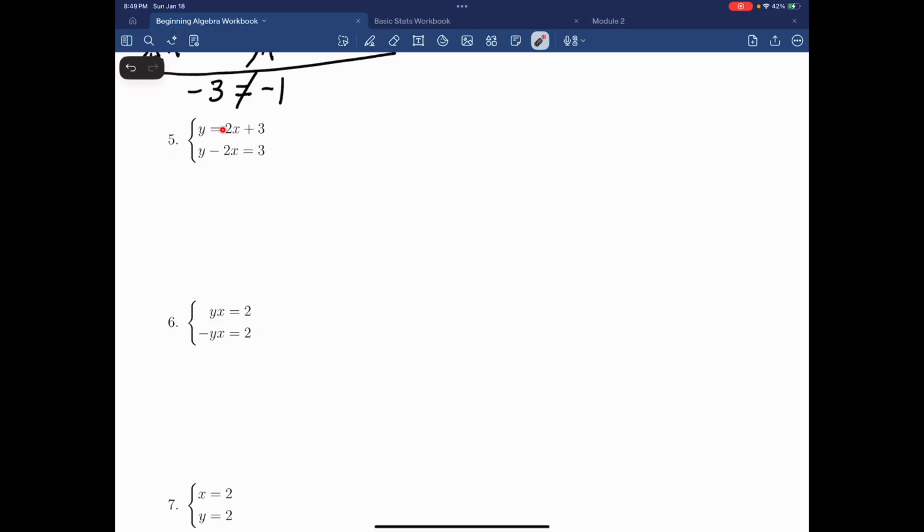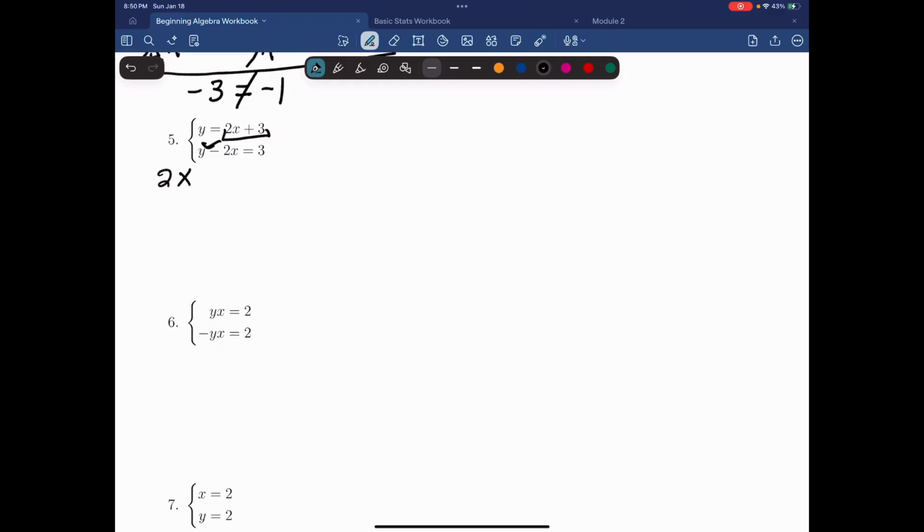And I'm going to plug in the expression 2x plus 3 for y. So doing that, we have 2x plus 3, and I'm going to carry down that -2x, and we're going to set this equal to 3.